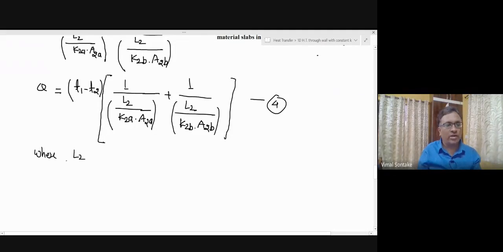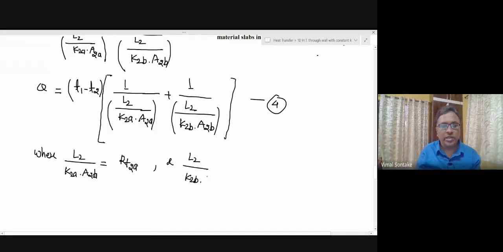L2 over K2A into A2A is nothing but the thermal resistance of wall 2A, and L2 over K2B into A2B is nothing but the thermal resistance of wall 2B.